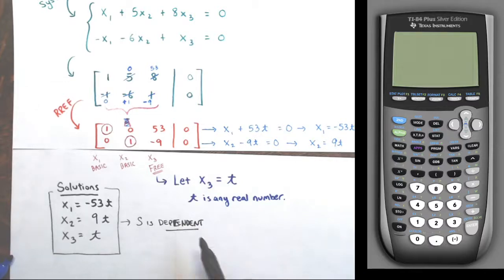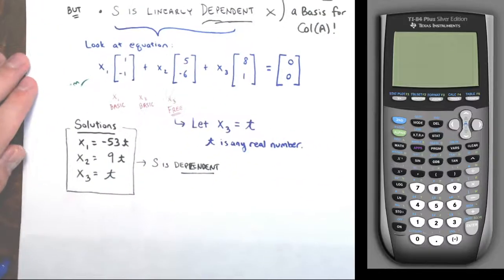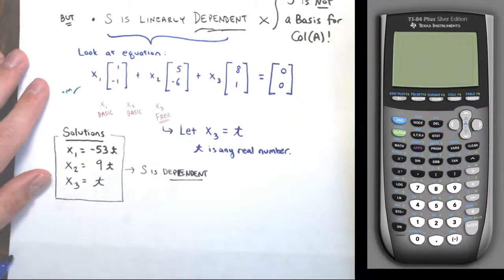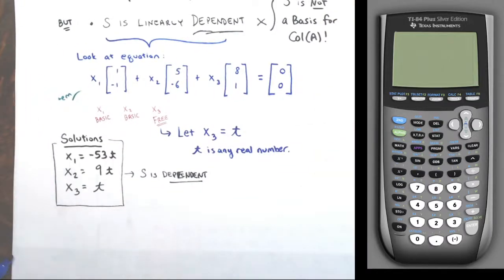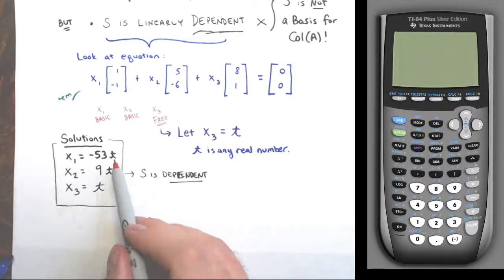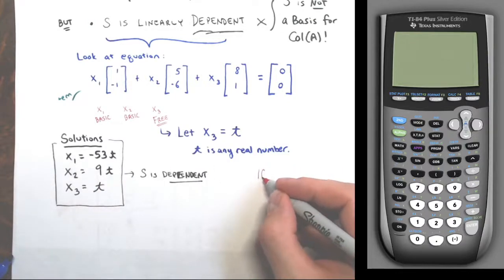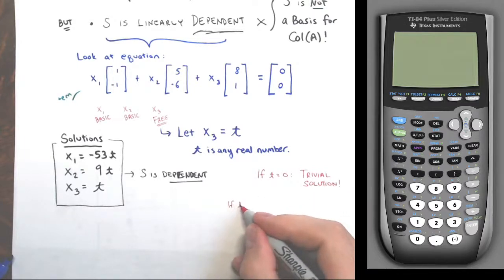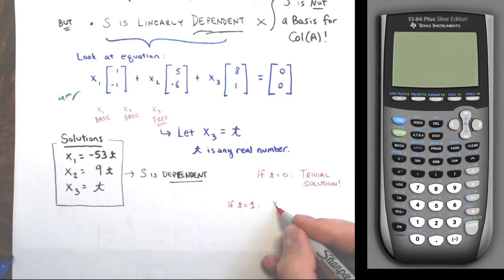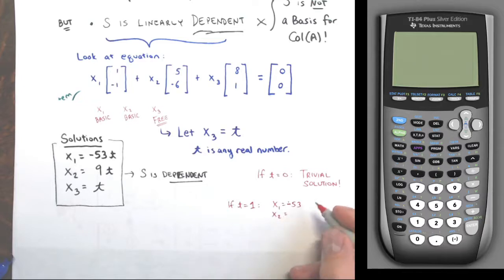You could go ahead and play around with it and test it out. If I replace t equals 0, you get that trivial solution, but that's not interesting. There's more to it than that. If t were equal to 1, you'd have x1 is negative 53, x2 is 9, and x3 is 1.